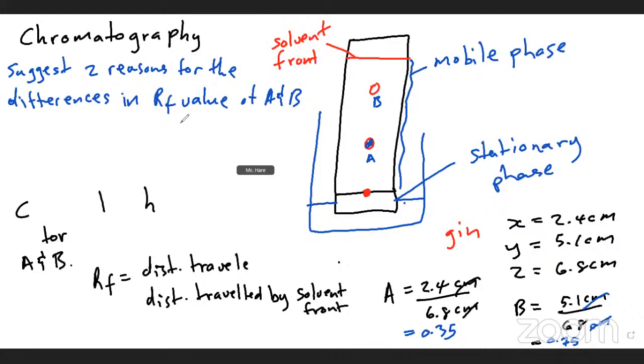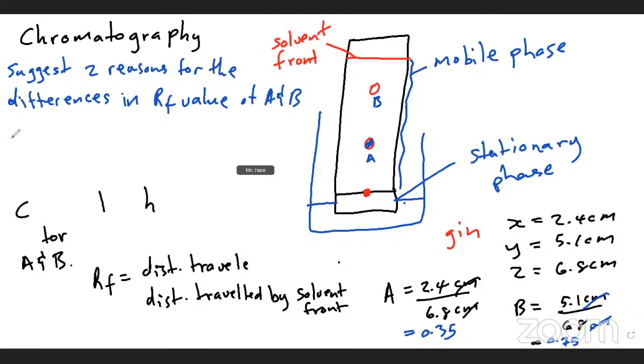So if B is moving with the mobile phase, its polarity is similar to the mobile phase. And if A is sticking more to the stationary phase, its polarity is more similar to the stationary phase. The more similar their polarity is, the more they stick to each other. So when you hear a term like dissolve, it basically means they have the same polarity.